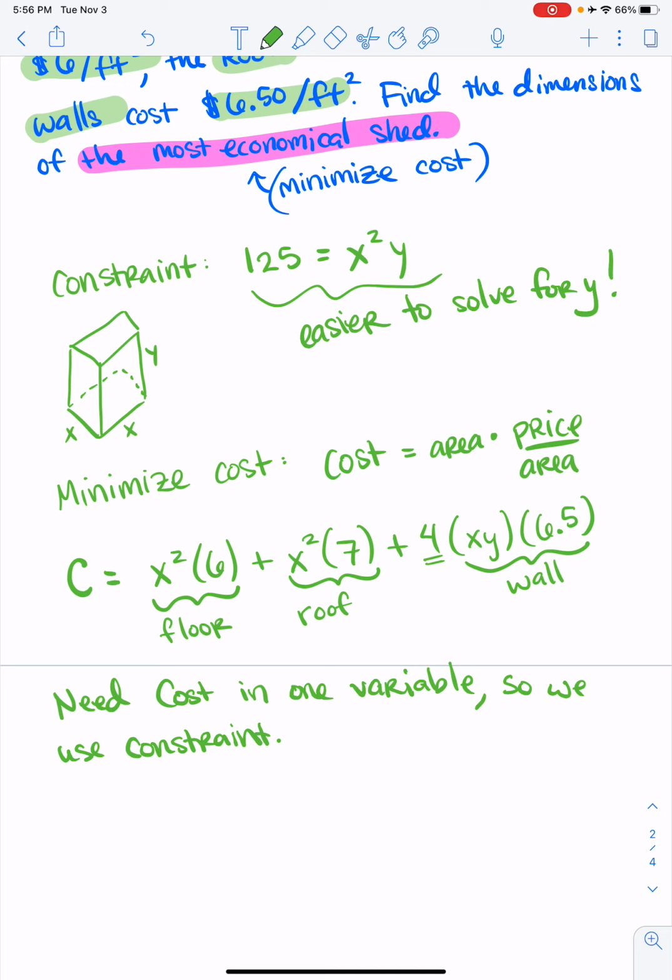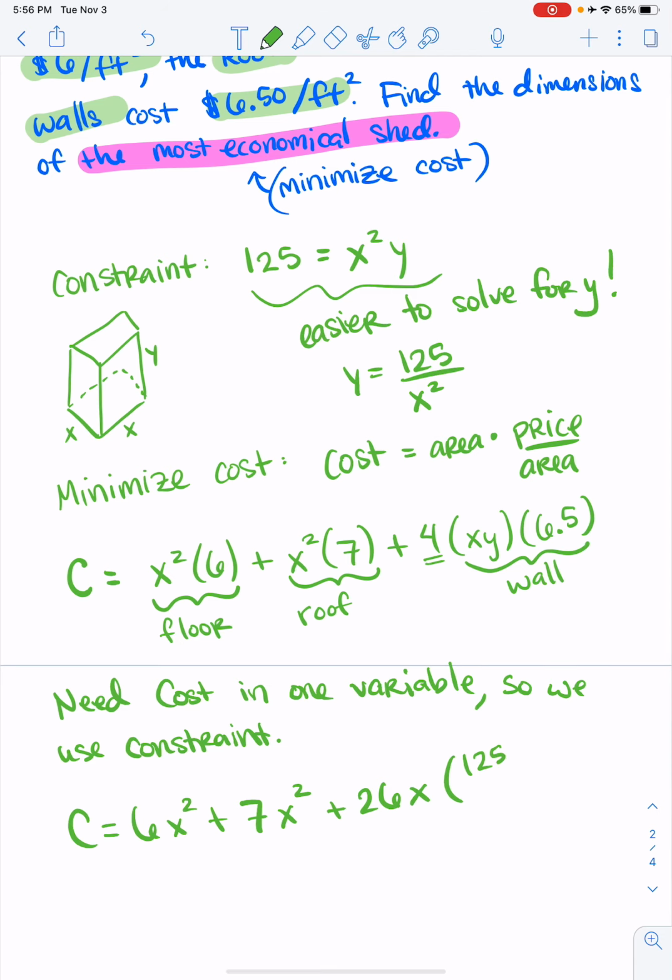So y equals 125 over x squared. We put that into the cost. Cost equals 6x squared plus 7x squared plus, 6.5 times 2 is 13, so times 4 is 26, x times 125 over x squared.